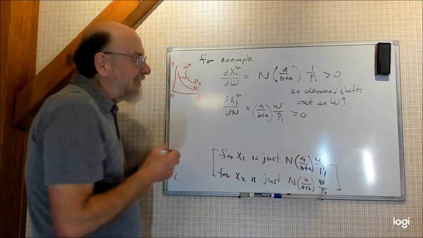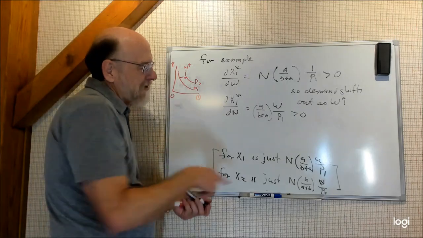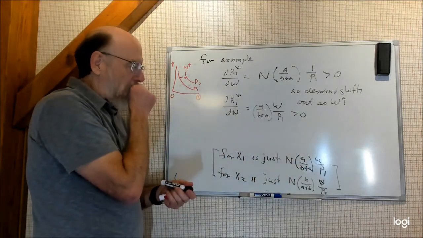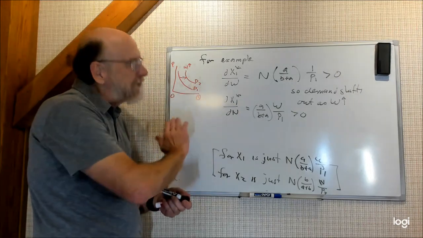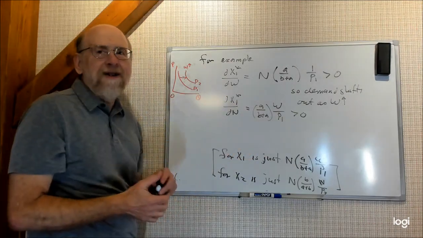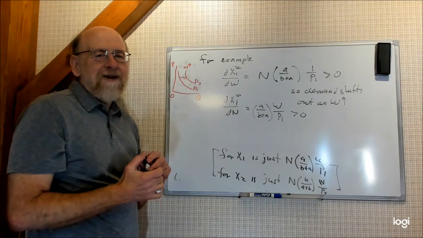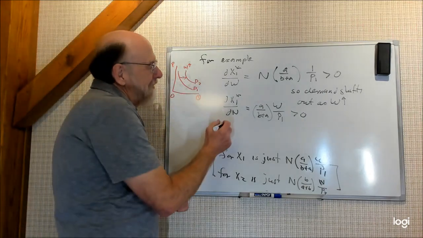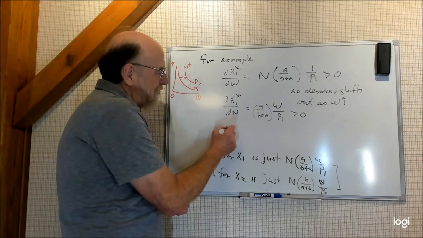Now, changes in taste are a little bit trickier to figure out because they're in this fraction, so the derivative is a little more complicated. It's not always just a simple, clean result. It includes two terms. But for example, let's do dx1 dA.